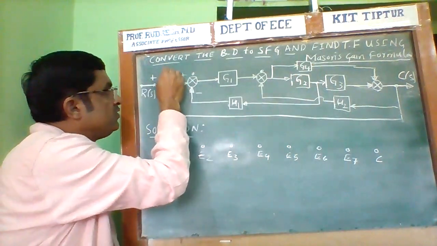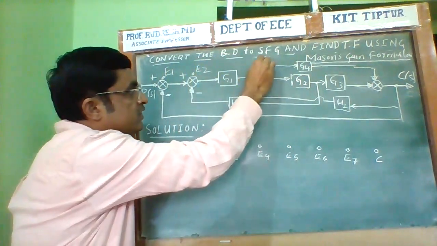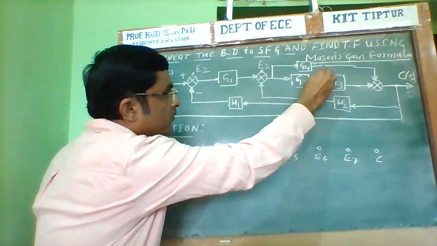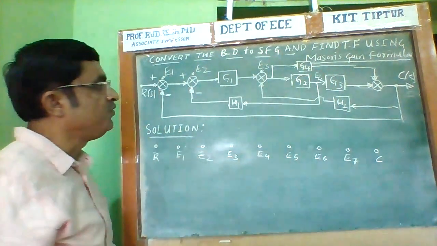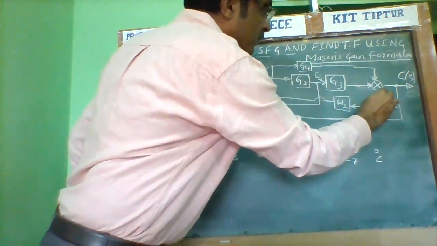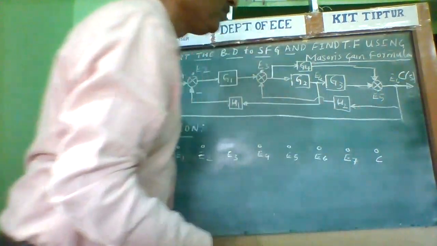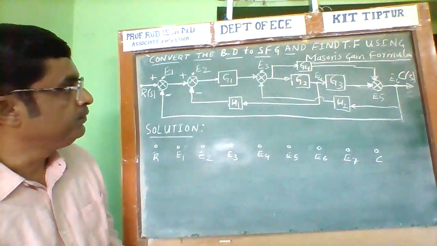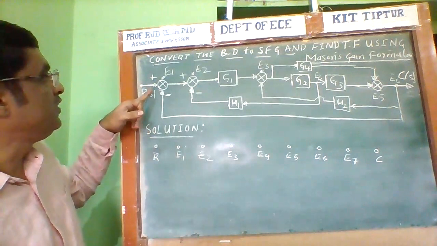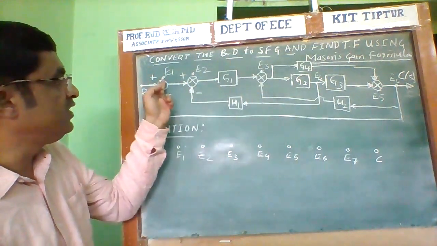I want to name these nodes as E1, this is E2, this is E3, this is E4, this is E5, this is E6. These are the nodes. We need to assume the nodes at every input point, output point, and every summing point.